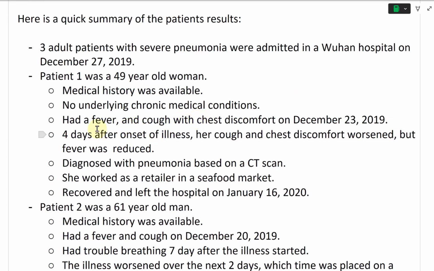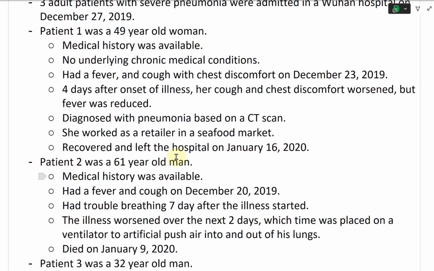She had a fever and cough with chest discomfort on December 23rd, 2019. 4 days after onset of illness, her cough and chest discomfort worsened, but fever was reduced. And she was diagnosed with pneumonia based on a CT scan. She worked as a retailer in a seafood market and recovered and left the hospital on January 16, 2020.